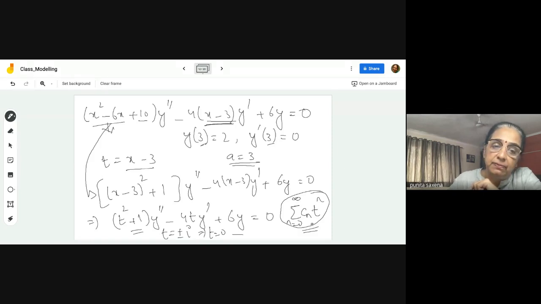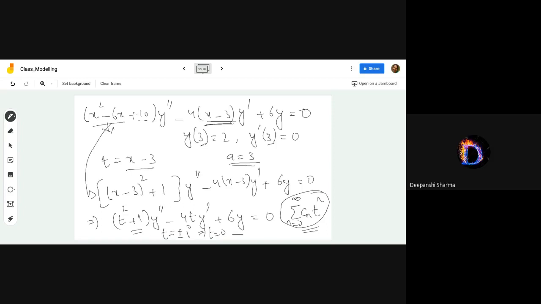Okay? Is this clear? Now you can proceed the way we did in the earlier problem. You find your CNs, you use your initial conditions, and then you get the solution. Is this okay? Yes, ma'am.